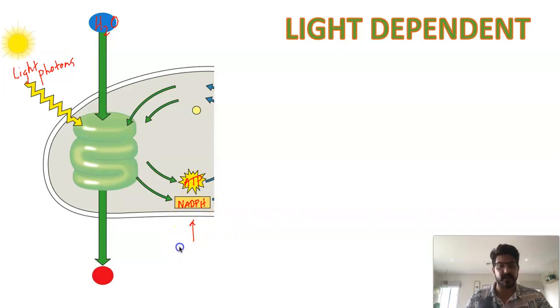They're our carrier molecules, yeah? That's their role. ATP's job is to carry energy, while these guys' job is to carry electrons and, to an extent, our hydrogen ions as well.